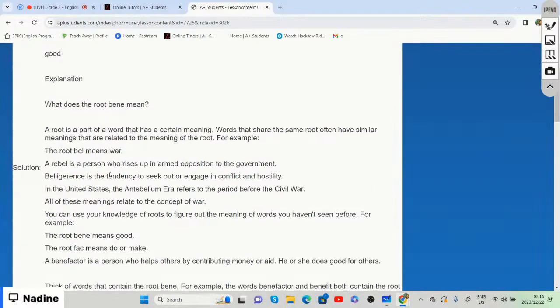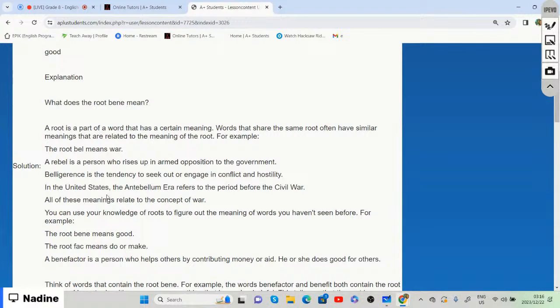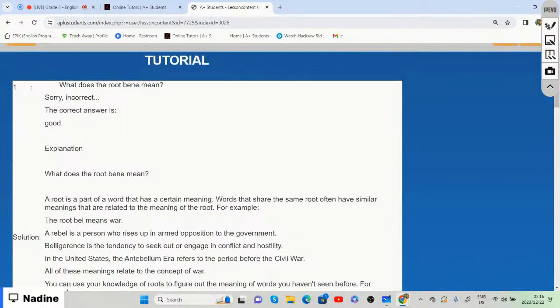And we made an example of rebel, which is bell, and we said rebel or bell means war. And then we broke down certain words.